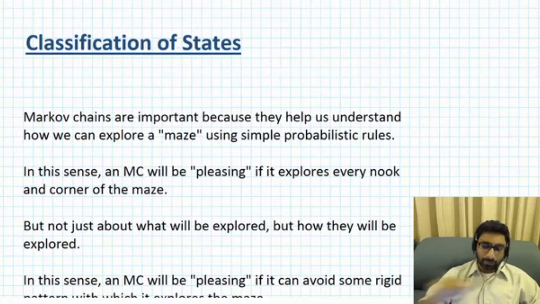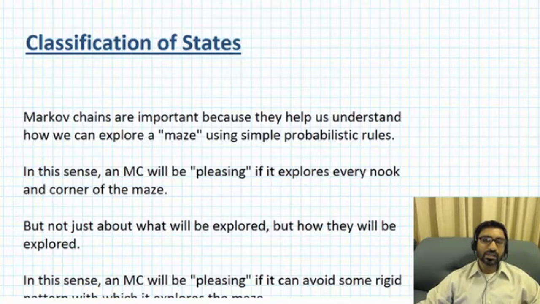But there's something more to it. Markov chains have this ability to explore the graph in a variety of ways, and it's how you explore that makes it kind of exciting.